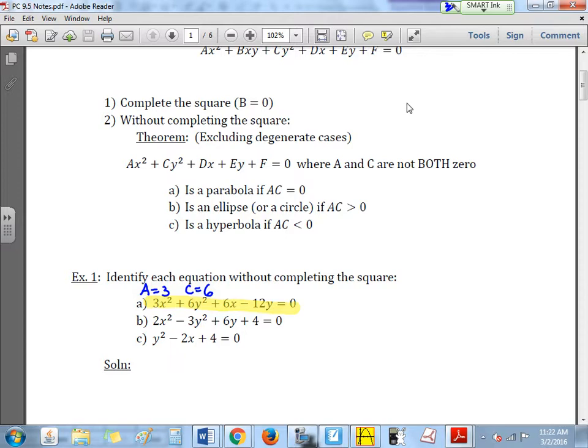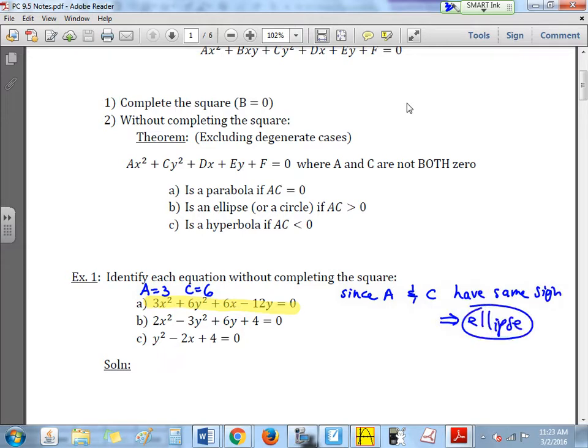Didn't we mention that before? Okay. So since A and C both have the same sign, automatically that makes it an ellipse.